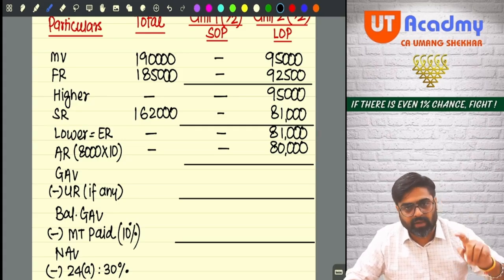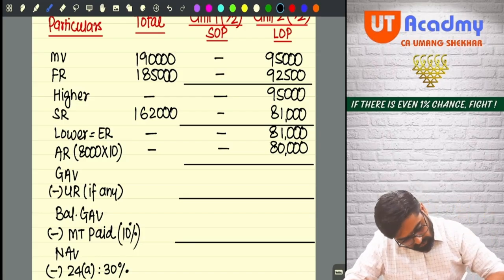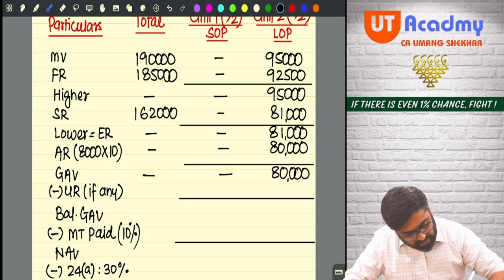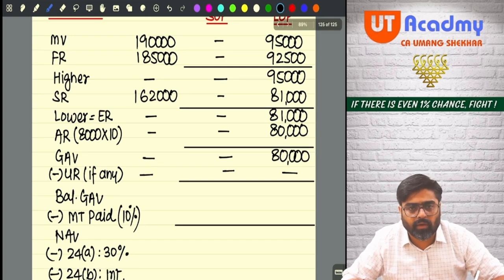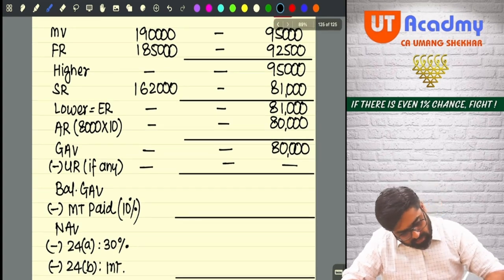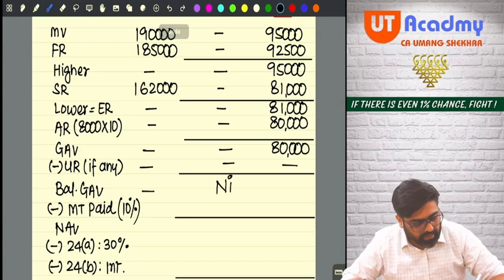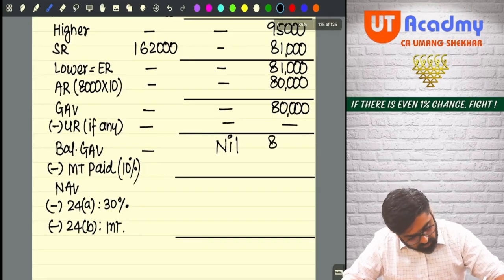So my actual rent is correct, and I will take actual rent only as GAV, which is 80,000. Was there any unrealized rent? The answer is no. Unrealized rent was not there in the question. Then balance GAV will be nil. Final GAV will be nil for the SOP portion, and it will be 80,000 for the LOP portion.